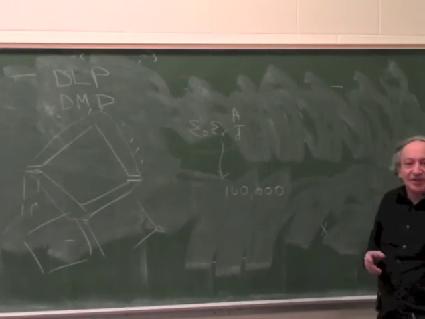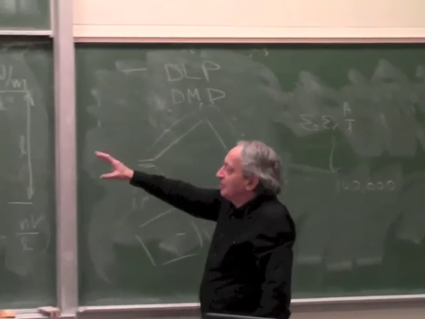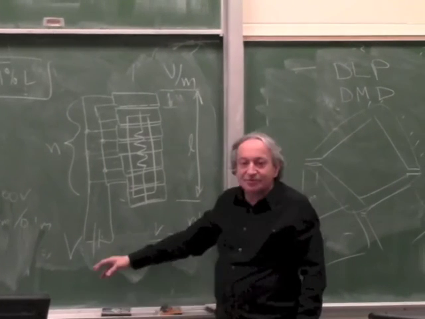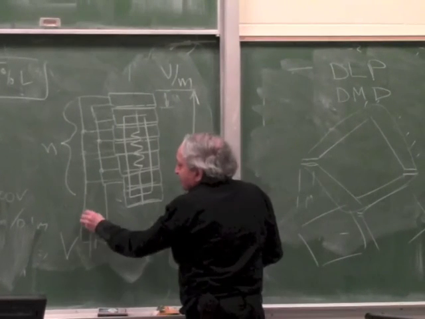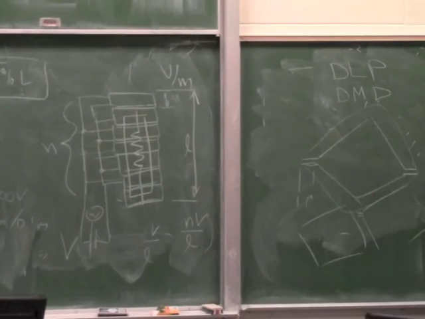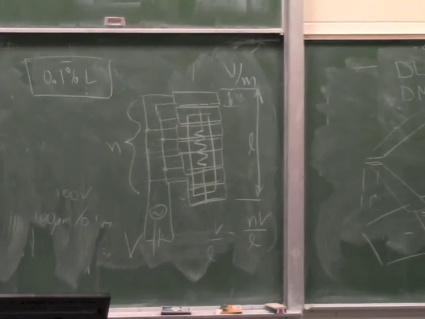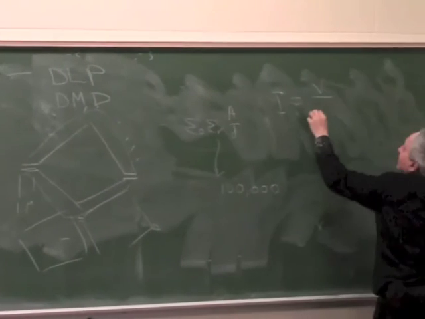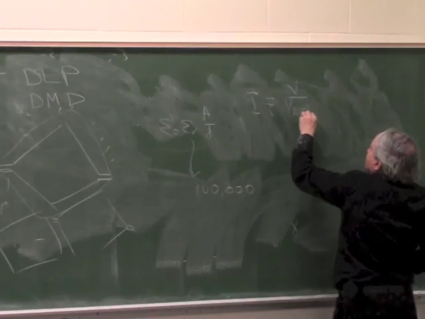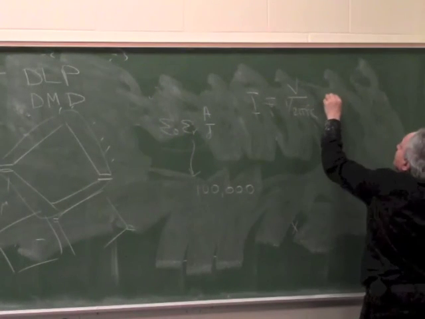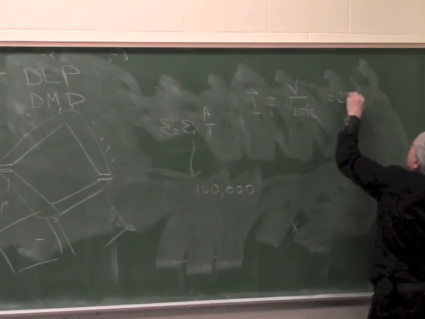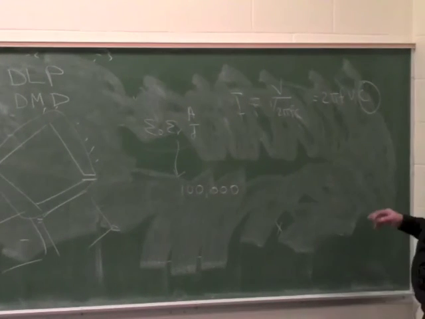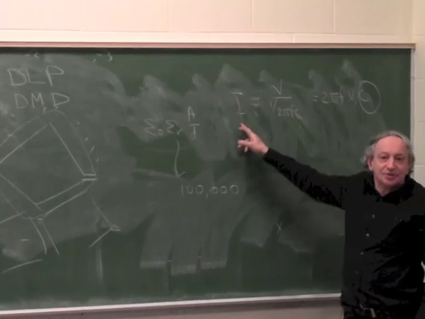That means that a stack like this presents a huge capacitance. And you cannot drive it fast, because when you drive a capacitor with AC, the current is V over 1 over 2 pi FC, so it is 2 pi FVC. And if the capacitance is huge, the current needed to drive it is huge.